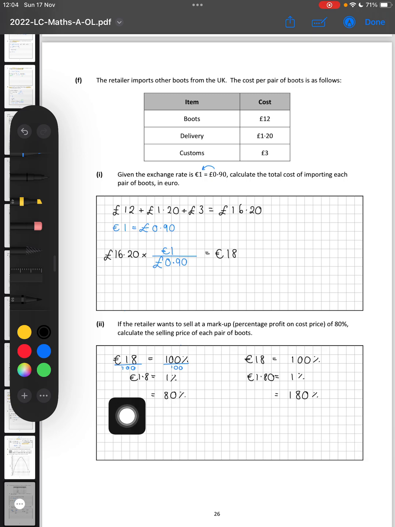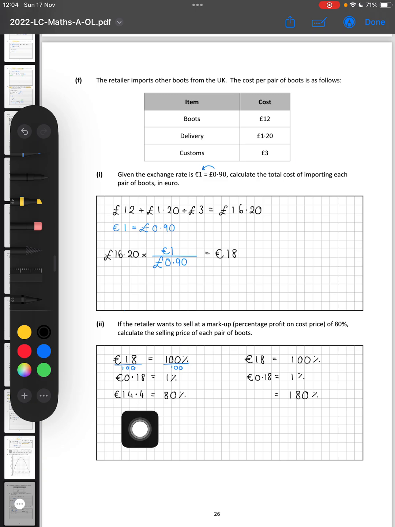And then I can find what is 80%. I should stop doing multiplication in my head. 0.18 is 1%, so I'm going to find 80% by multiplying 0.18 times 80, so that I get 14.4.